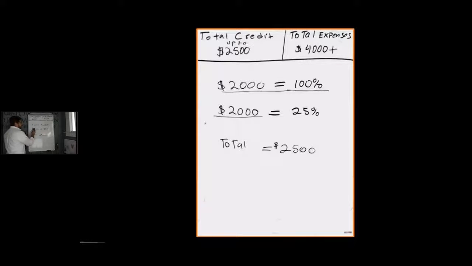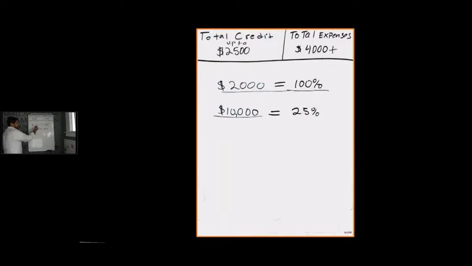What about if your expenses were 12,000? Let me give you the idea here. The IRS is saying, your total expenses right now are $12,000. 10,000 plus 2,000, $12,000, right?